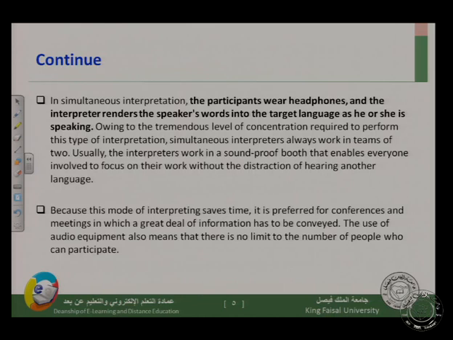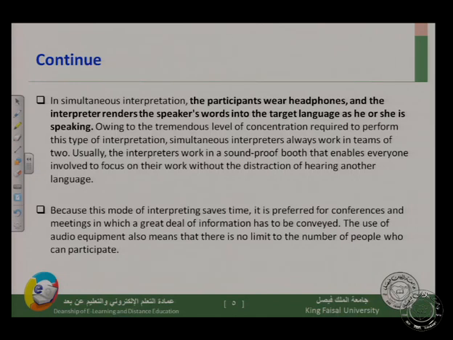For instance, if someone is going to deliver a speech and you are the interpreter for this conference, it would be a good idea, to help you perform your job properly, to have a look at the speech at least half an hour before the conference is held.